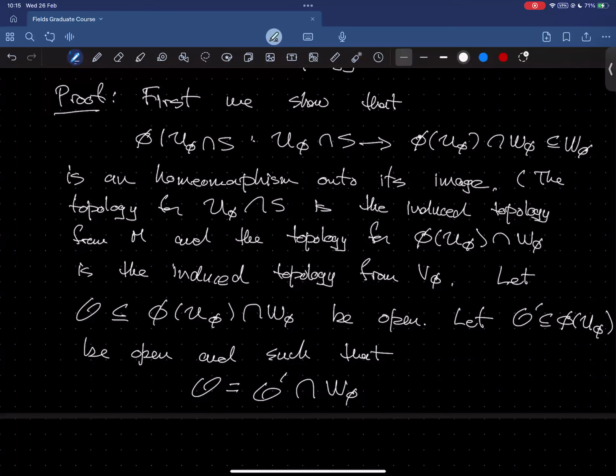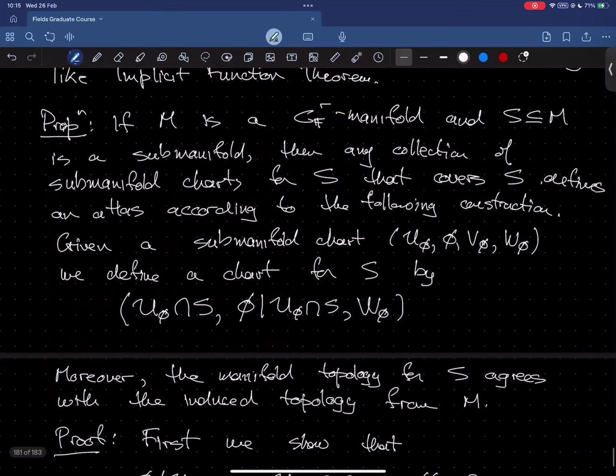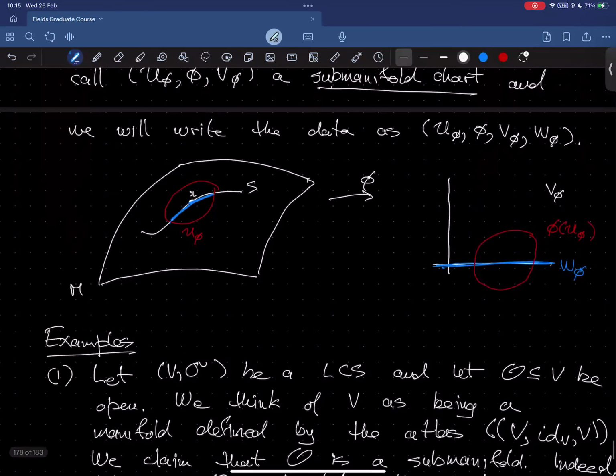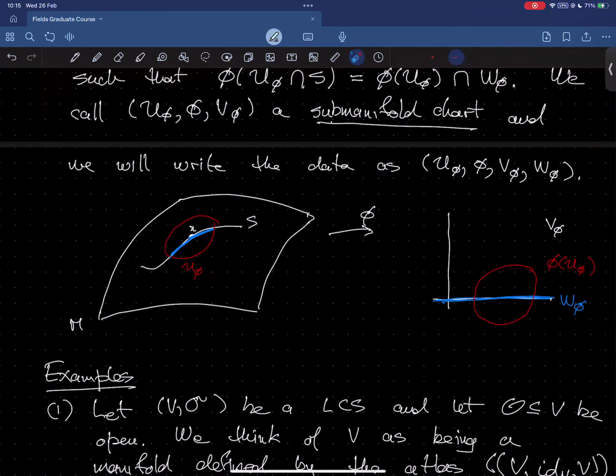Right? So sorry, I'm going to scoot back up here again and draw what I'm doing on this picture. Okay, so what I'm doing is I'm working just down here. So I'm taking an open subset of this intersection. Okay, so that's going to be something that looks like this.